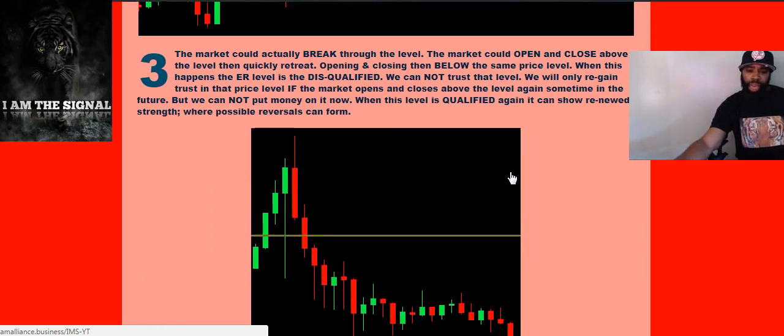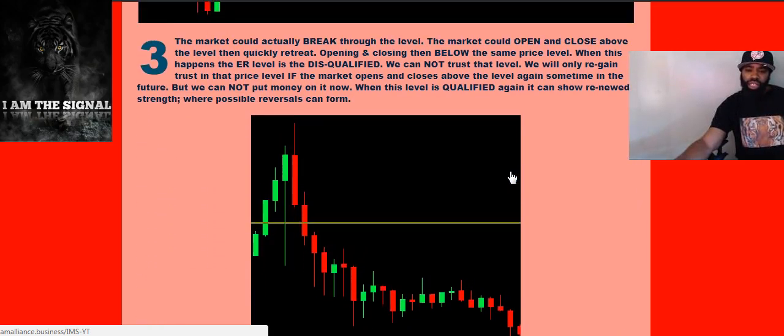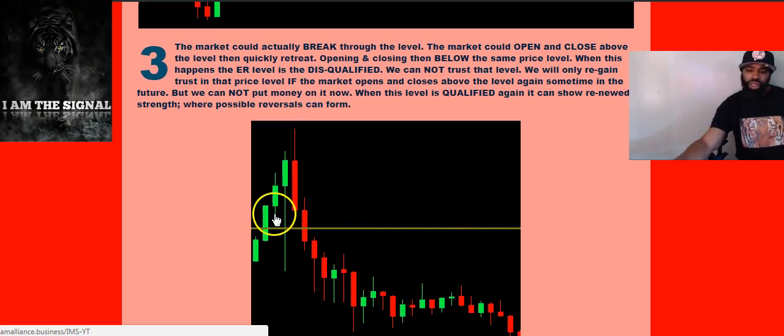The third thing that happened, the market could actually break through the level, right? The market could open and close above the level. Then it could quickly retreat, opening and closing below that same price level. See that? Going up real quick, open, close above it, then open and close below that level.